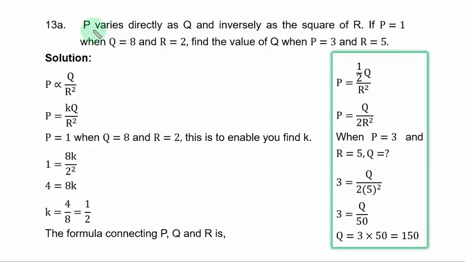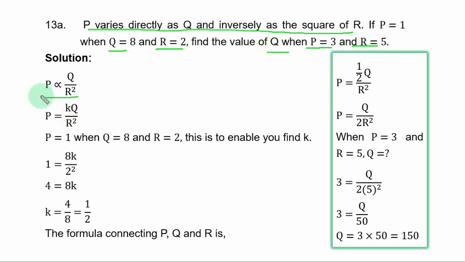Question 13a. P varies directly as Q and inversely as the square of R. This is the interpretation. P varies directly as Q, the numerator, inversely as the square of R, denominator. If P is equal to 1 when Q is equal to 8 and R is equal to 2, find the value of Q when P is equal to 3, R equal to 5.